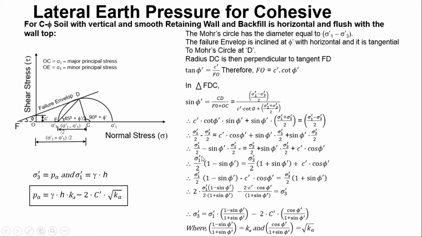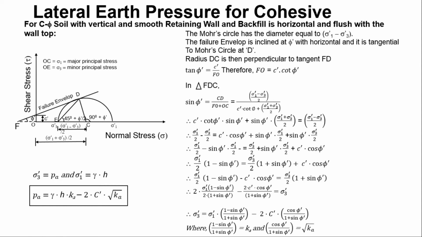Now taking sigma 1 dash by 2 common, what remains is 1 minus sin phi, and similarly if we take sigma 3 dash by 2 common from these two terms, then we get 1 plus sin phi dash, and plus c dash cos phi dash as it is. We can bring this c dash cos phi to the left side, because ultimately we want to find the value of sigma 3, which is the lateral pressure.